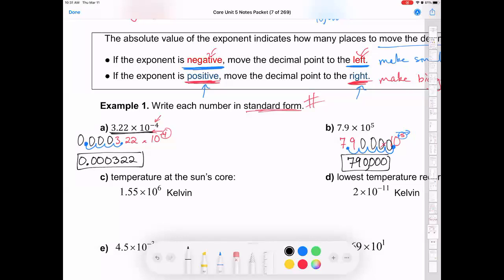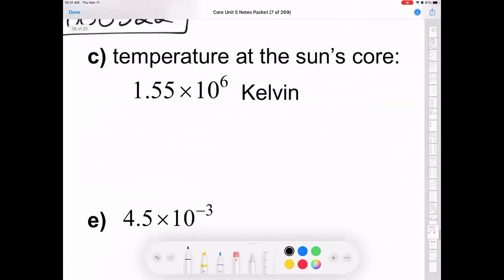All right, let's see some more of these in action. If you have the temperature of the sun's core, apparently it is 1.55 times 10 raised to the 6th power. And the goal here is to try and convert that into standard form. In other words, what's just the normal number here? Well, if I have 1.55, and usually for these, I like to move my times 10 to the whatever power a little over, so it gives me some space if I need it. So it looks like we have times 10 to the 6. That's a positive, which means I'm going to the right.